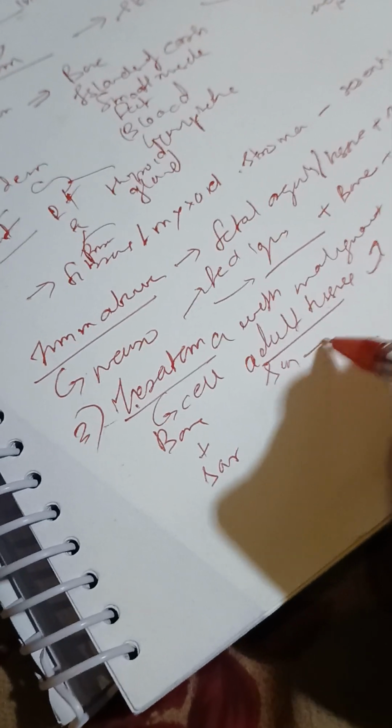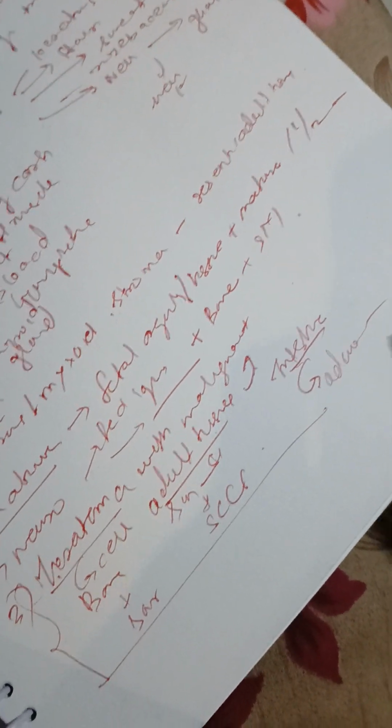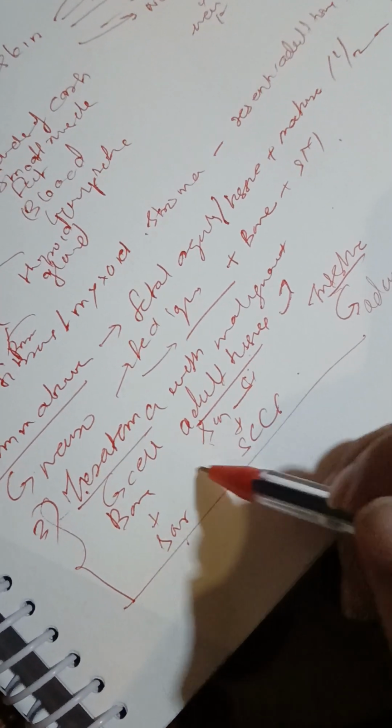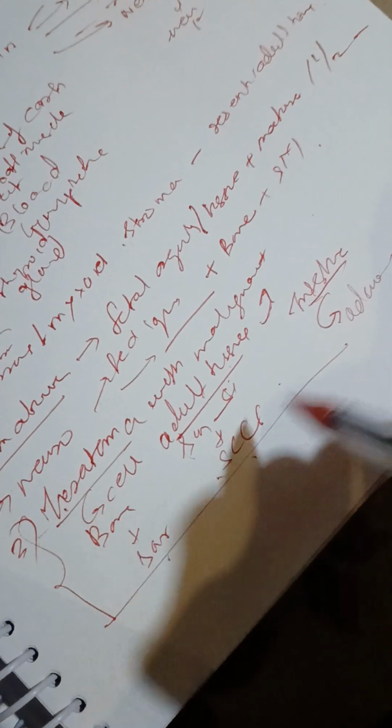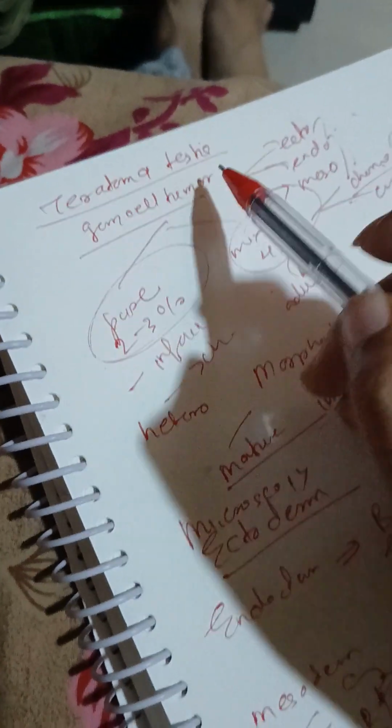Squamous epithelium will undergo squamous cell carcinoma. As we saw, bone into sarcoma, squamous tissue into squamous cell carcinoma, and intestine into adenocarcinoma. So this is the basic teratoma testis morphology.